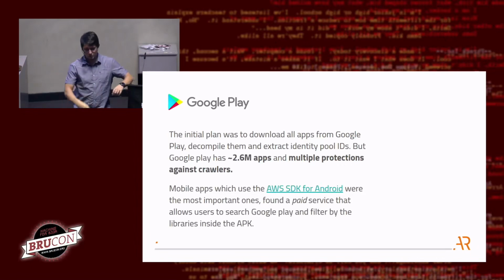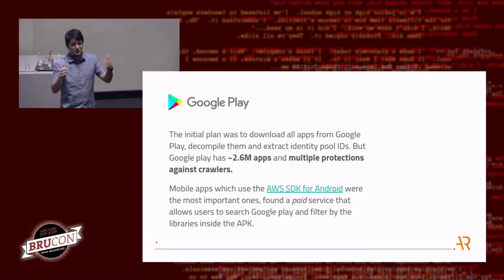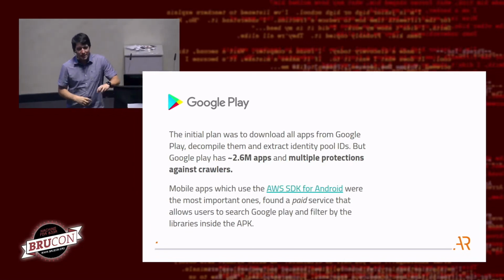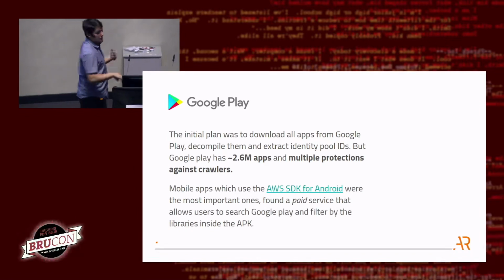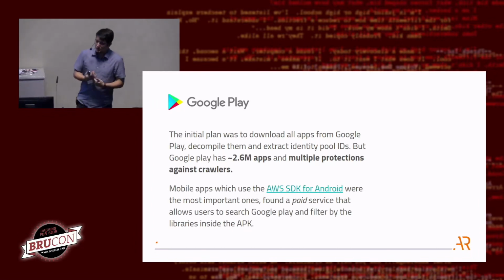I'm going to decompress, decompile, grep, and this is just going to be a day of work. The thing is that Google Play doesn't like me downloading 2.6 million applications. They try to stop me after downloading like 500 applications.